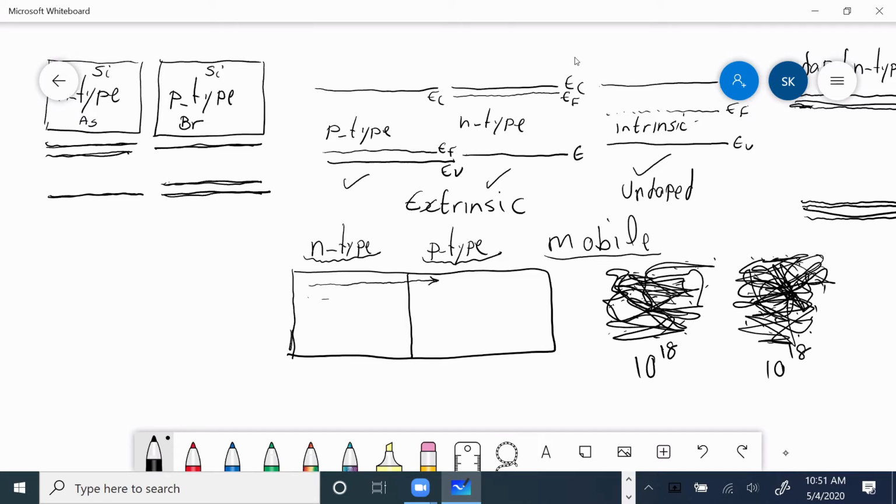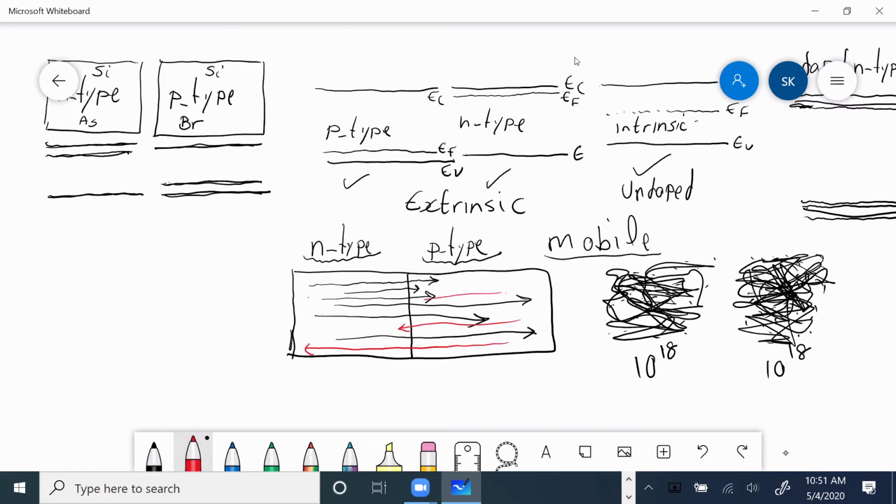Electrons can go and enter here. Can you see that? And so can the holes in the P-type. They can go there, because they're free. And if these two are stuck together, there is no obstruction for them. Of course they can travel.